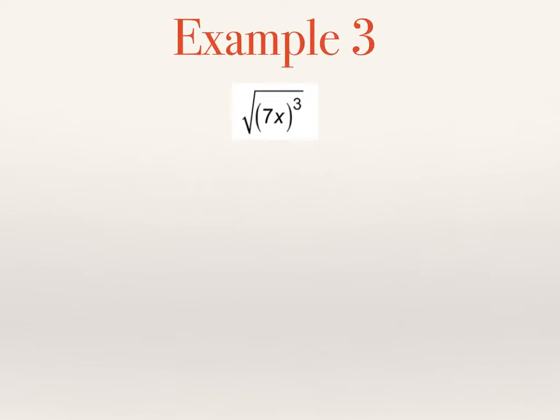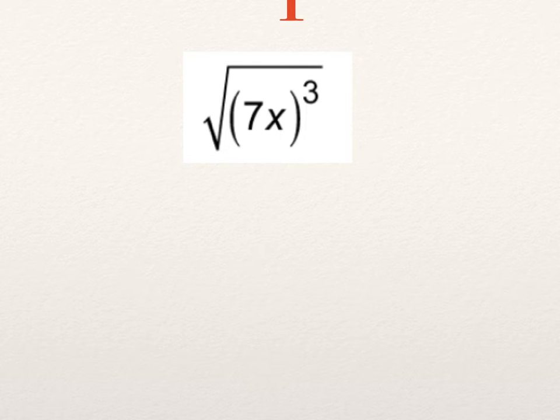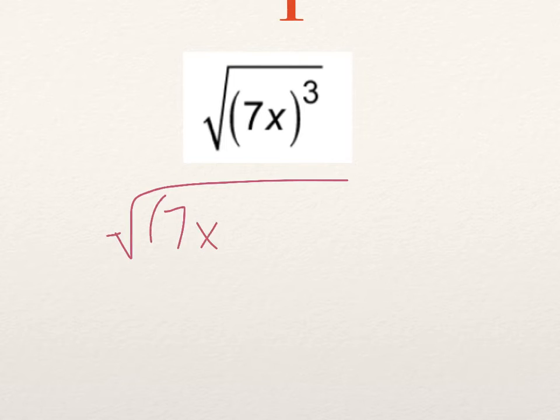All right, example 3 may not look like we can do anything here, but this square root of 7x cubed, the cubed means that we have this 7x 3 times. So if I erase this cubed, and the parentheses too, it's like saying 7x times 7x times 7x.